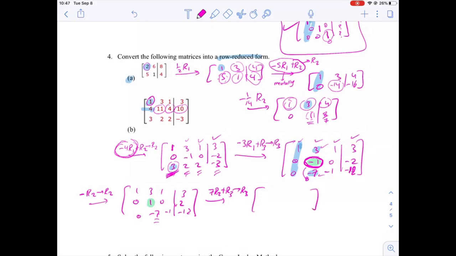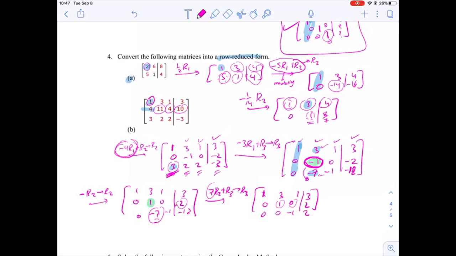So what should we get here? Let's multiply row 2 by 7. If we multiply 0 by 7, we still have 0. Multiply 1 by 7 and add it to -7, we get 0. Multiply by 0, we get 0. So we have -1 here. Multiply 2 by 7 is 14 minus 12 is 2.